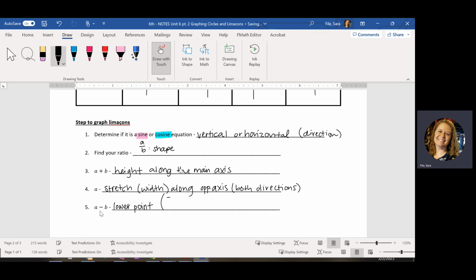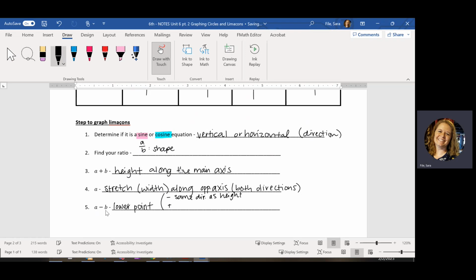If you get a negative when you do A minus B, that means you're going to go in the same direction as the height to plot this point, because it's an inner loop.